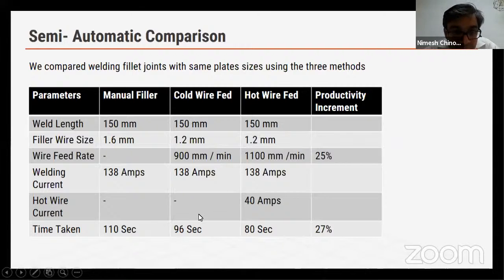The welder could do the same welding in 96 seconds. Using hot wire and adding a small current of about 40 amps to the hot wire power source, the same welding could be reduced to 80 seconds. Increase in productivity goes up to about 30%, and the material deposit can go up to about 25%.